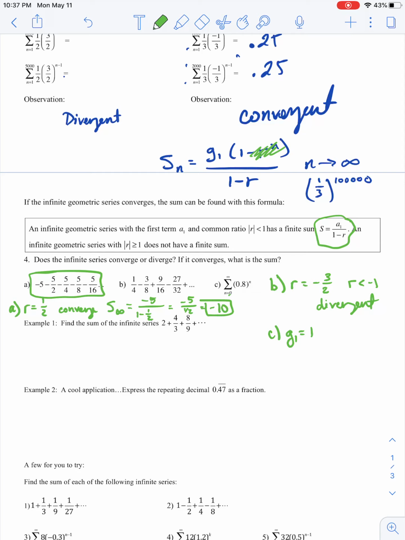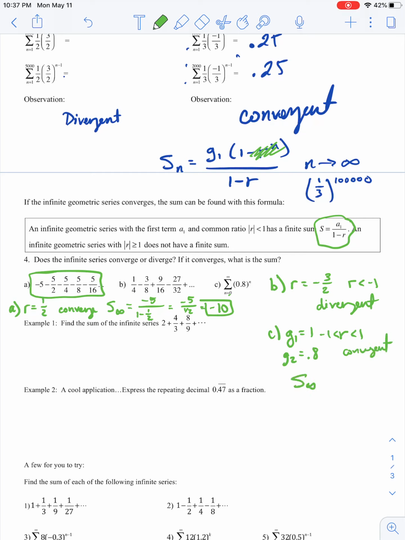And then when I plug in 1, I would get 0.8. So my second term is 0.8. So what's happening is I'm just multiplying by 0.8. So that means that my r value is between -1 and 1. So it is going to be convergent.